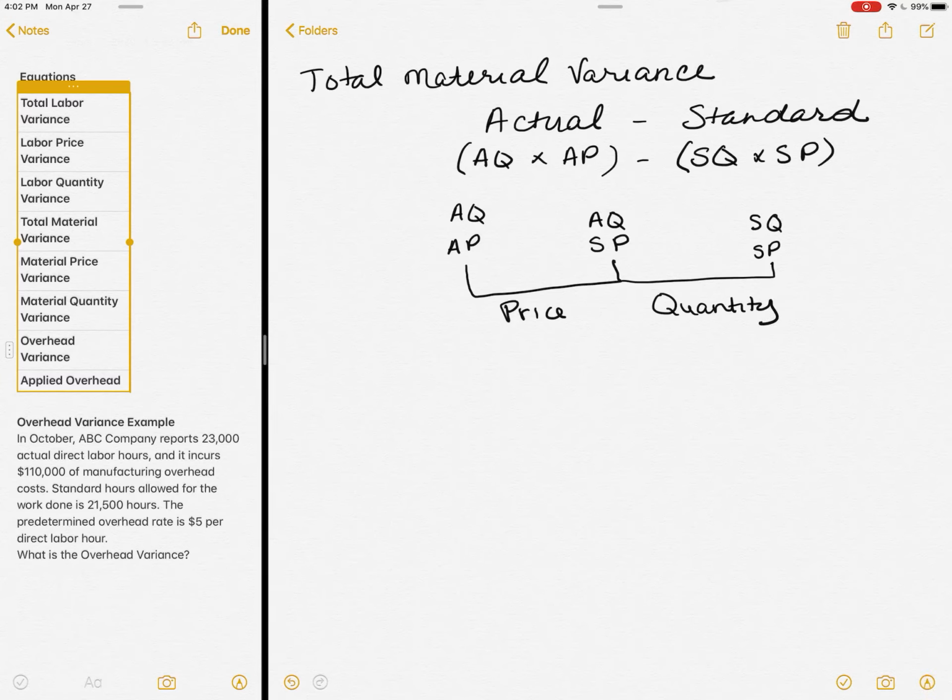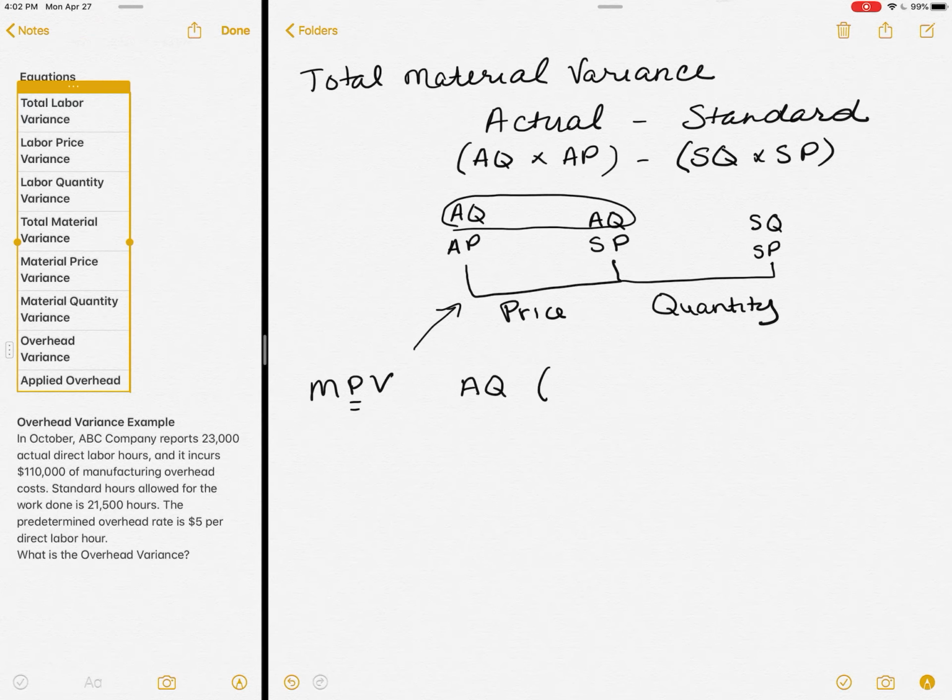Now, to give you some shortcuts, we're going to give you those smaller equations to look at. The first one, for your material price variance, again, we're focusing on price. So here I look to my equation, I find that common factor, and that's your actual quantity.